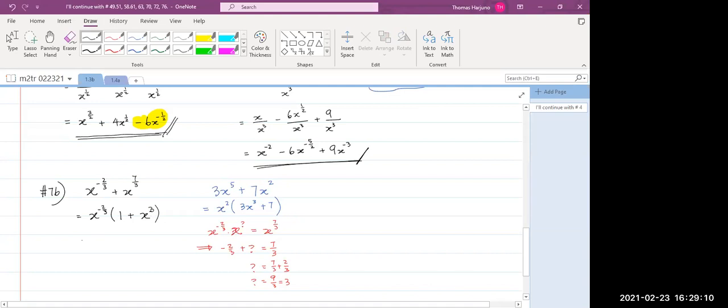But Thomas, we still have negative exponents. That's true, but it's only one factor, and I can easily bring it to the bottom. Now I have x to the positive 2/3 at the bottom.